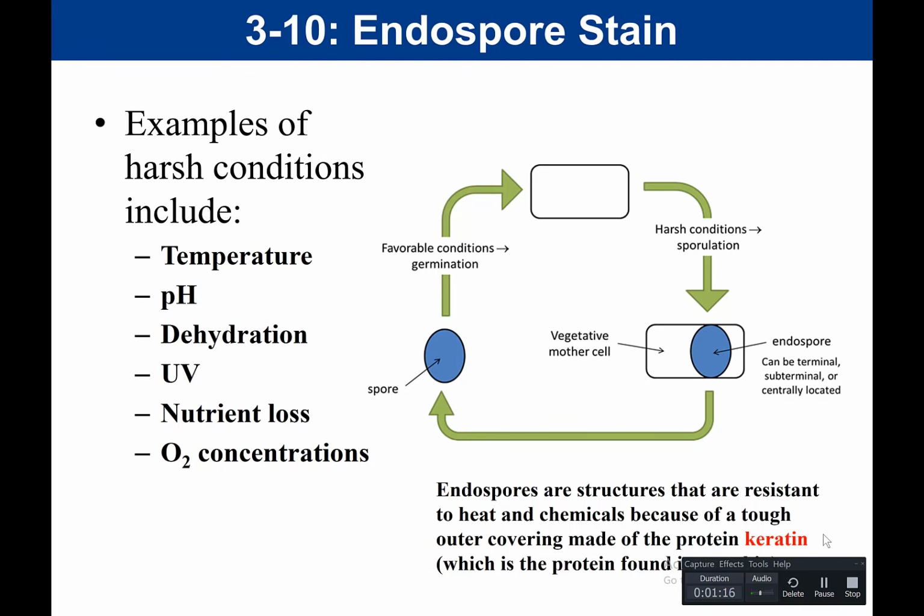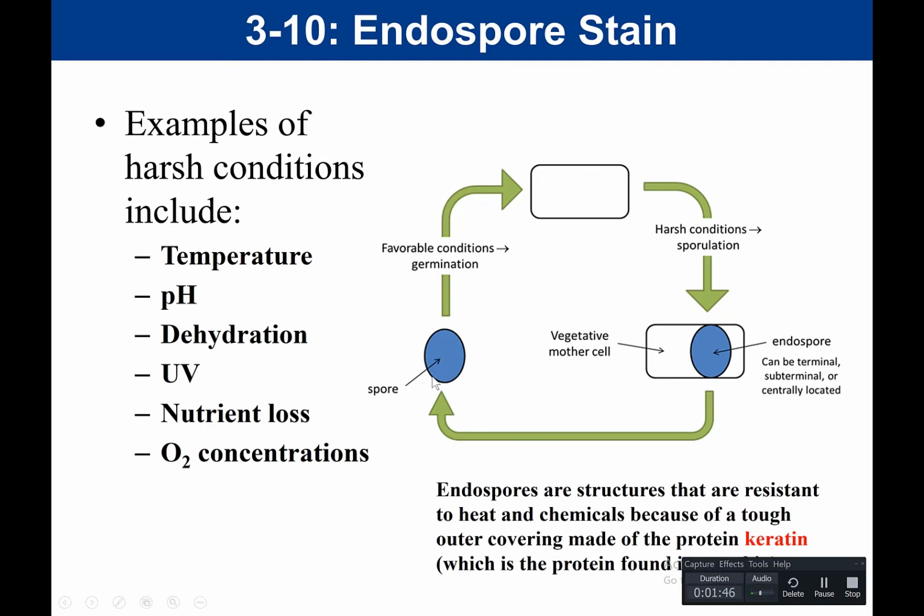And because of that tough keratin protein, it makes the endospore very resistant to these changes. They're very heat resistant, resistant to chemicals, etc. So you want to know what endospores are made of, what types of conditions would cause bacteria to form endospores.